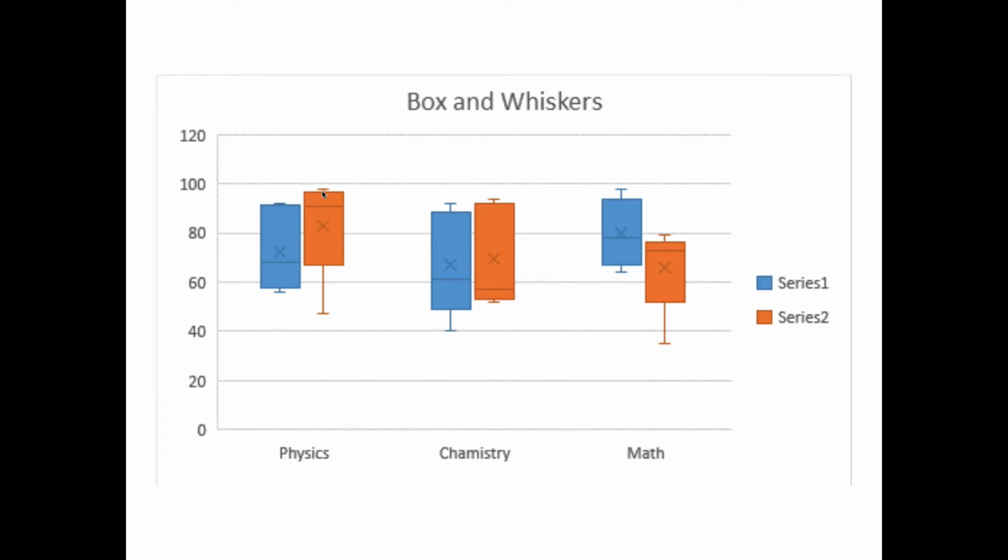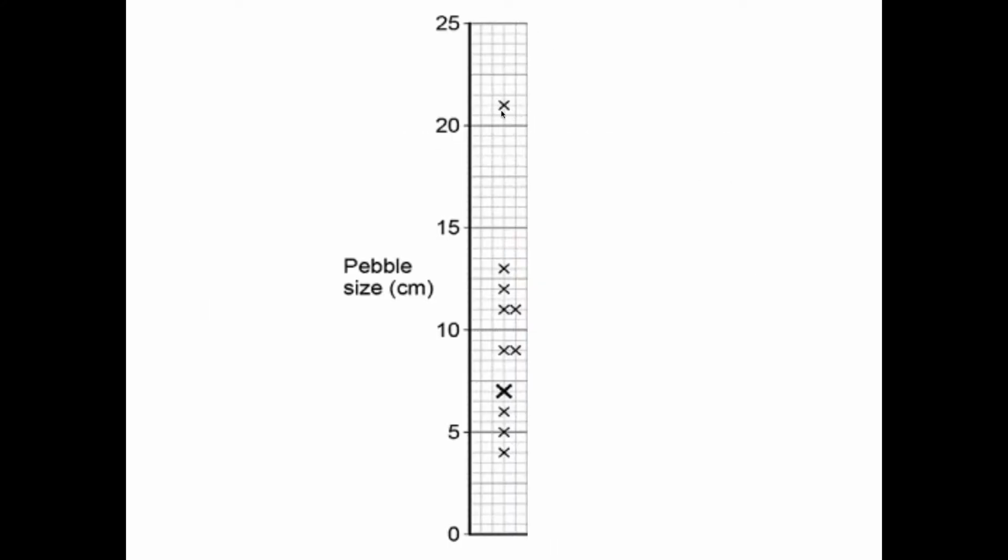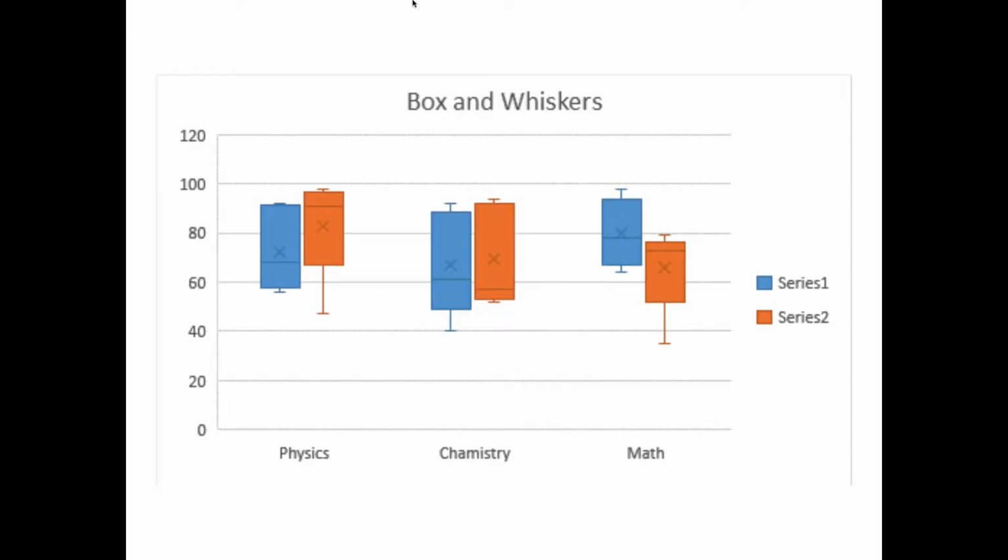So what you have to imagine here is that there was some original data, but we don't need it anymore because it's been superseded by the box and whisker. So the whiskers are the highest and lowest numbers. So you'd have your whiskers here and here. Then you have to work out your median, which is your middle number, and your upper and lower quartile, and that becomes your box.